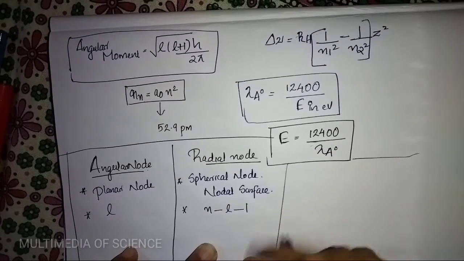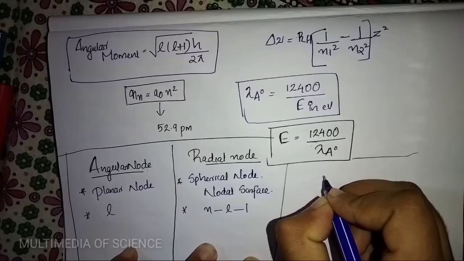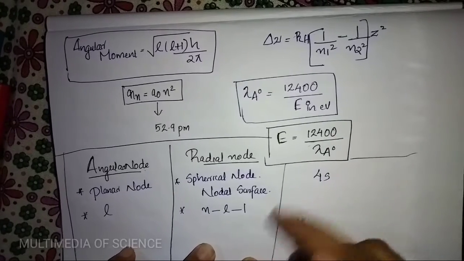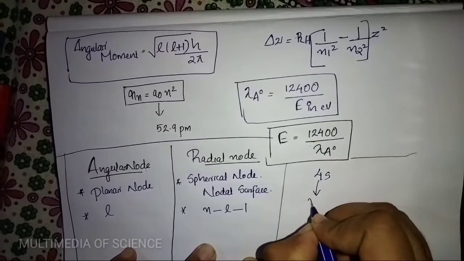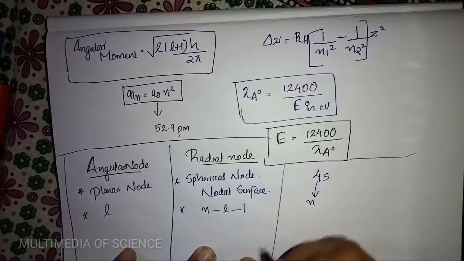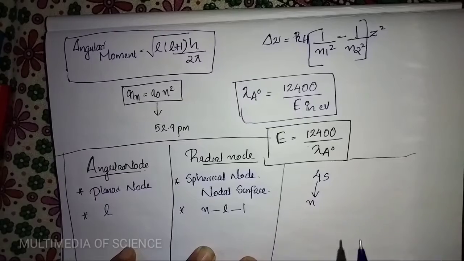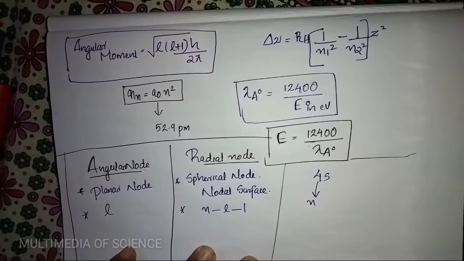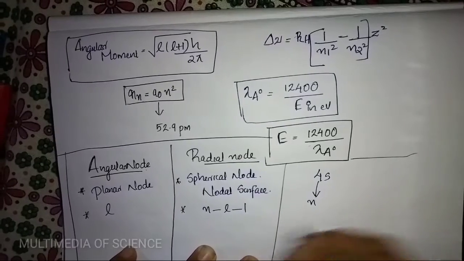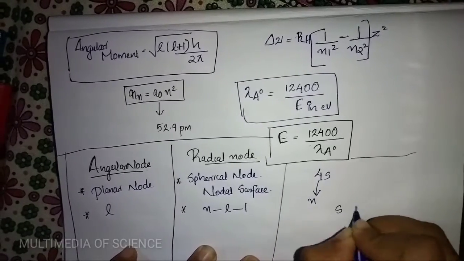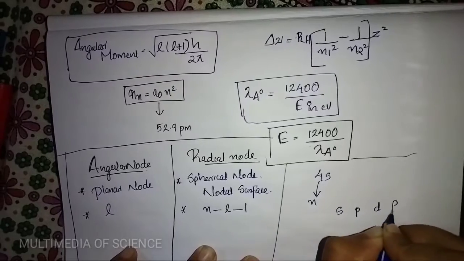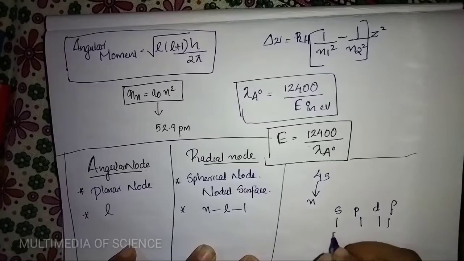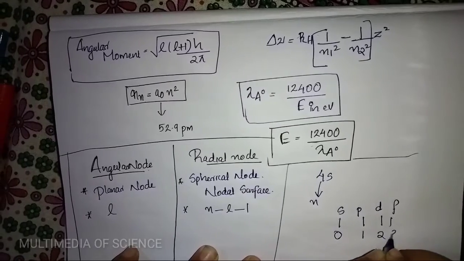What is the n value? When we discuss 4s, what is the n value? This is the n value. Then what about L? The L value depends upon S, P, D and F. Here just look at 0, 1, 2 and 3.